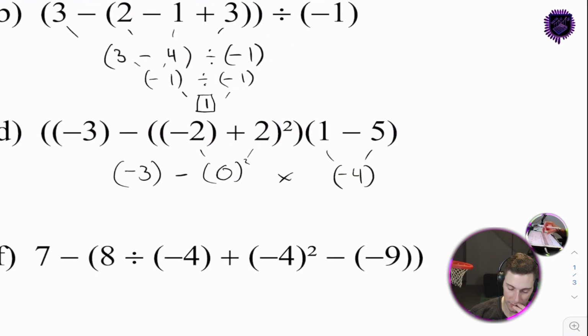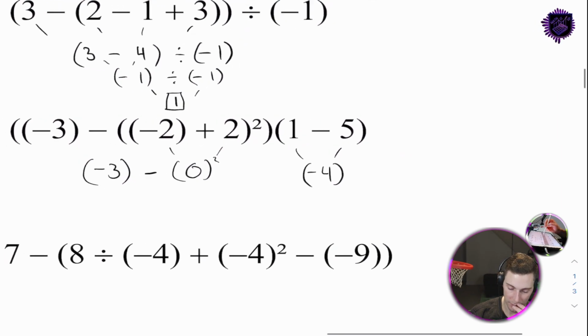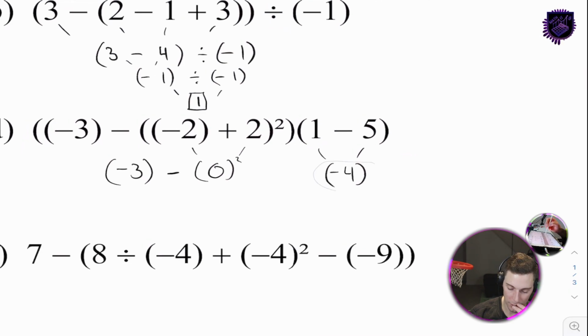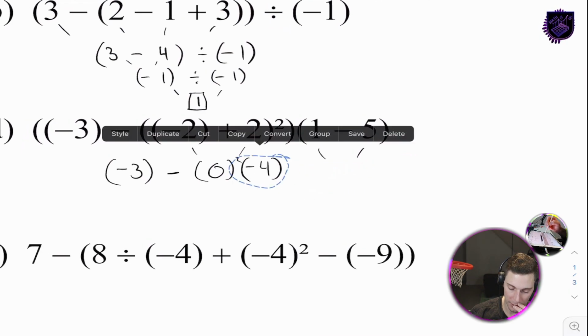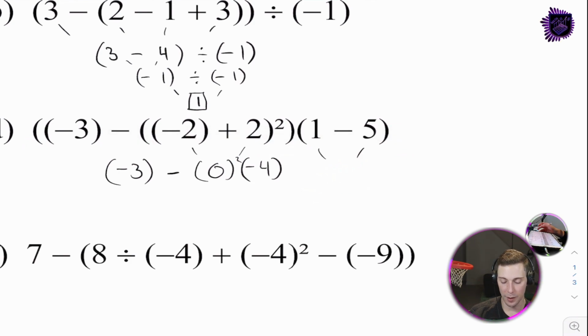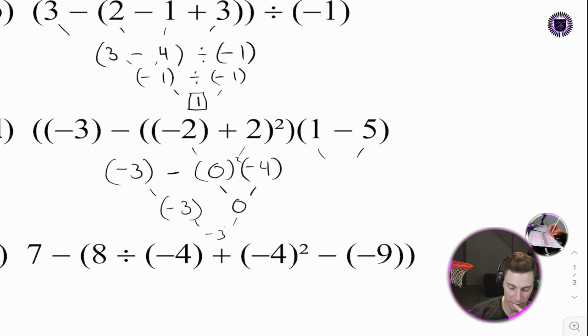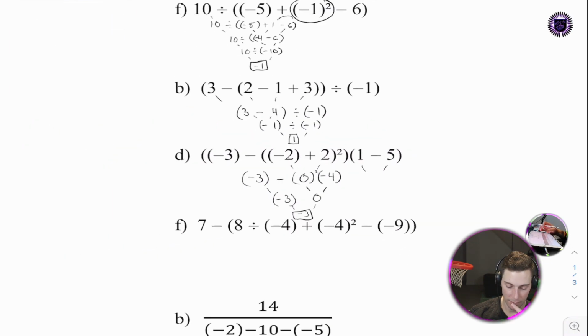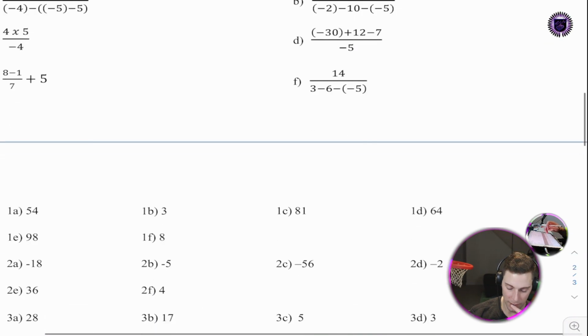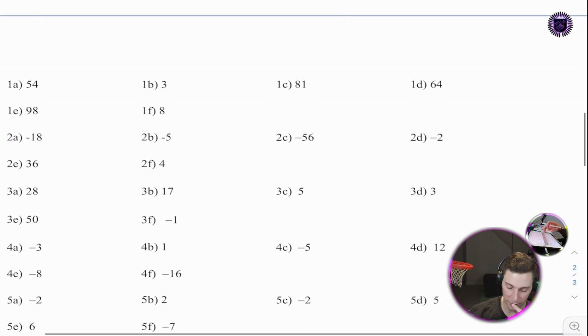So why don't we just move this whole thing over. So order of operations, we do the multiplication. This is going to equal 0. And then negative 3 minus 0 is just going to remain negative 3. 4d, negative 3.